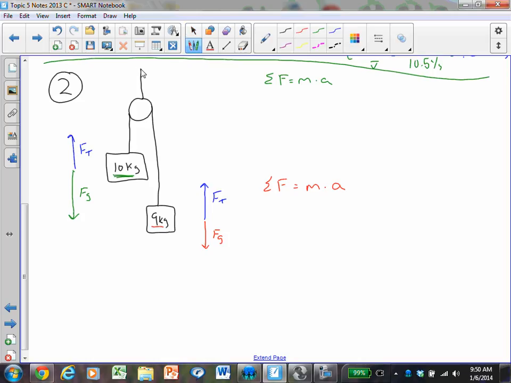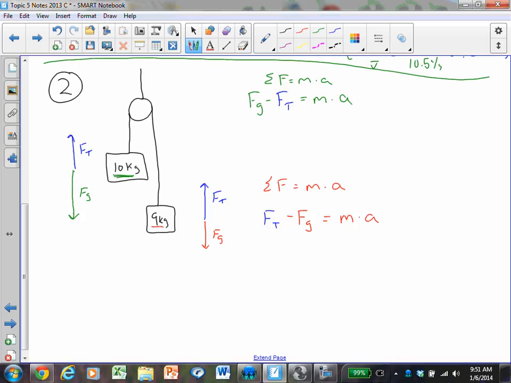Fg is the winner minus Ft, which is losing in that situation, equals mass times acceleration. What's the winner and loser for the 9 kilogram? Tension's the winner minus the weight force equals mass times acceleration.